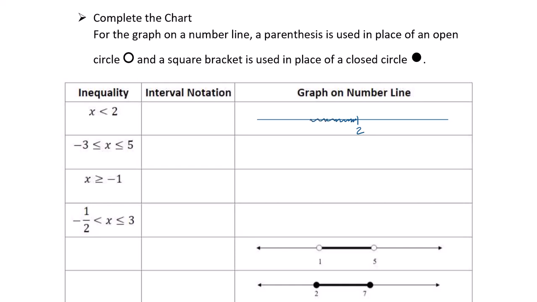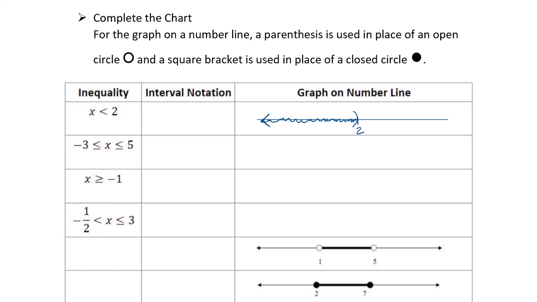So we're going to shade to the left of 2. We're going to put an arrow to indicate that that continues in that direction. And on the 2, we're going to use a parenthesis because that number 2 is not included.